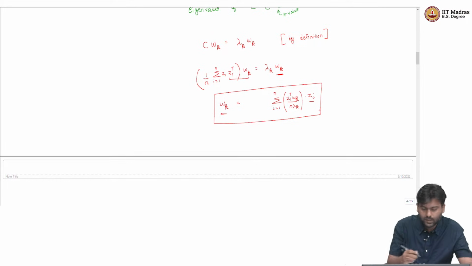In other words, this is essentially telling me that my wk is a linear combination of data points.